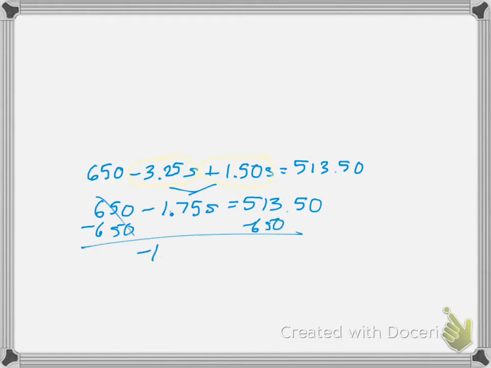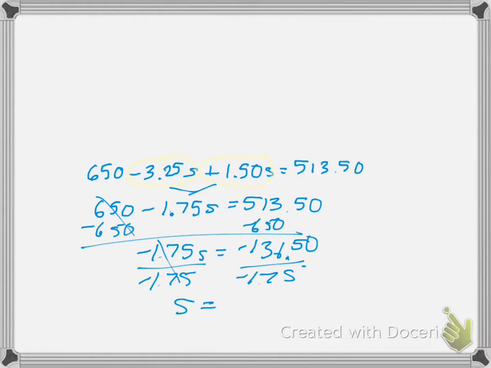I'm going to get negative 1.75 S equals negative 136.50. I divide by negative 1.75 on each side. And I'll get S equals 78. So I know there's 78 student tickets.